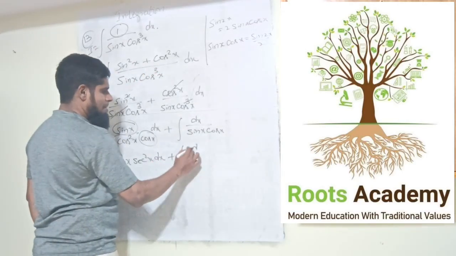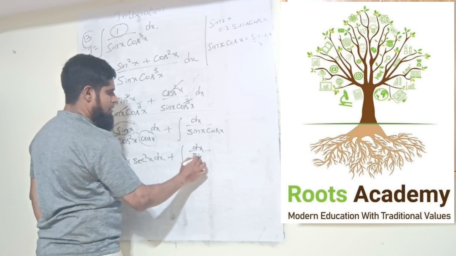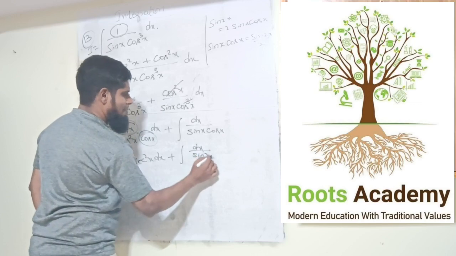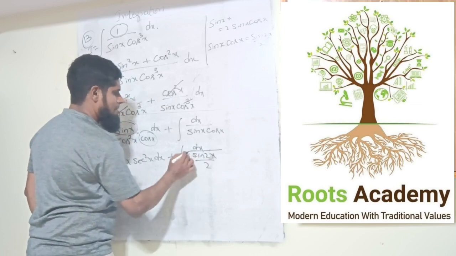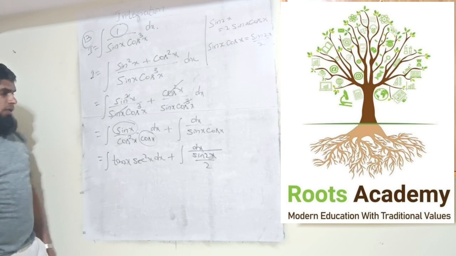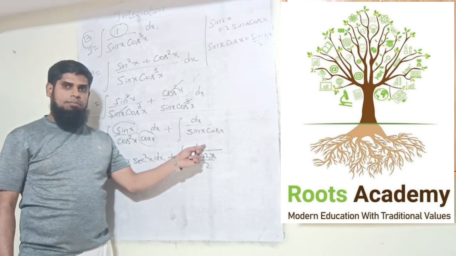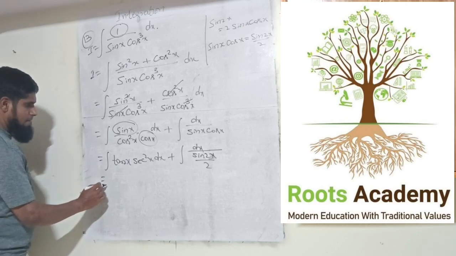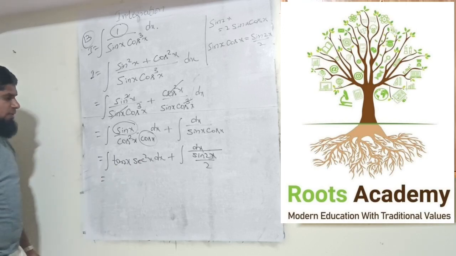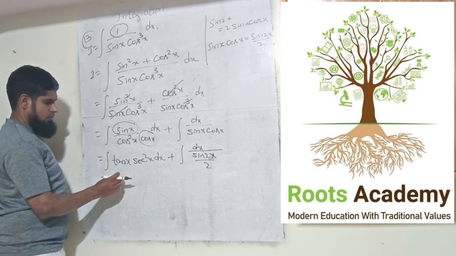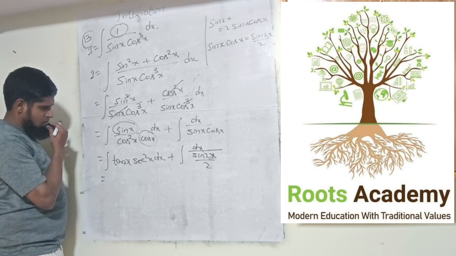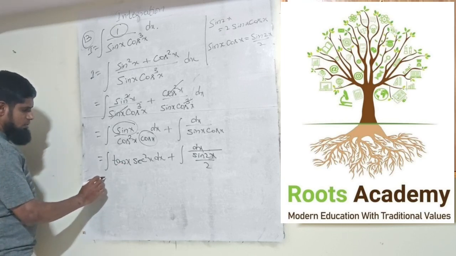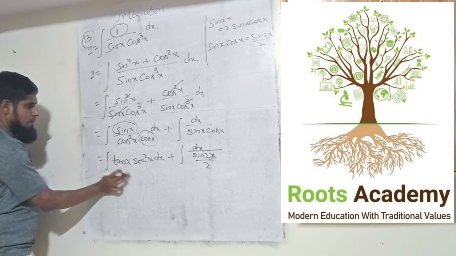So this will be dx divided by sin 2x divided by 2. Now this 2 multiplies to dx. Here I will take t as tan x in the first integral.